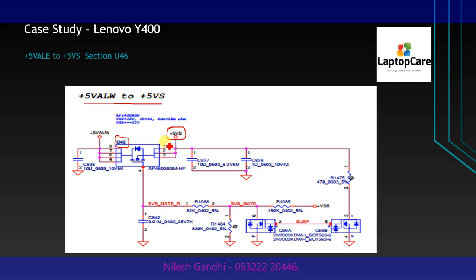This is a very interesting method by which we can find out the shorting in the motherboard. There are various methods. One of them is the voltage injection method, one is the impedance testing method, and one is you can apply flux and check by the heat method.